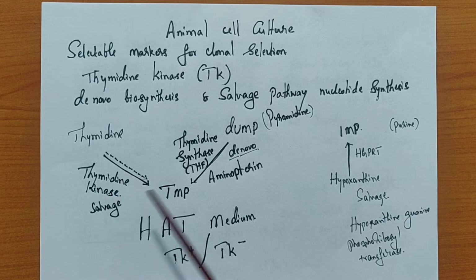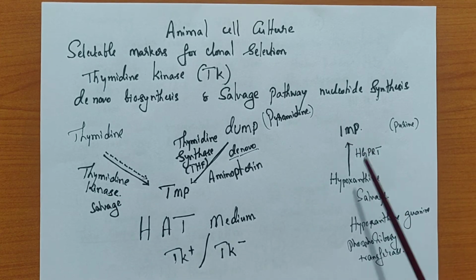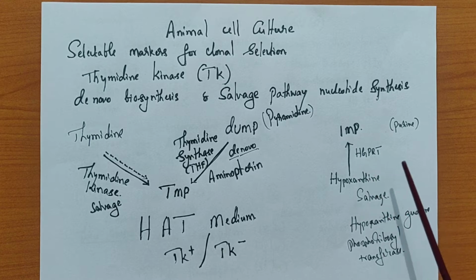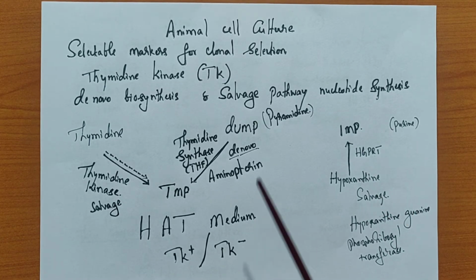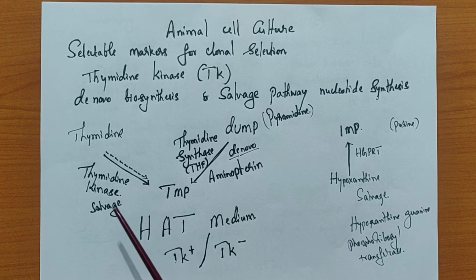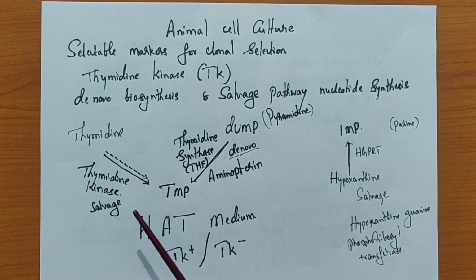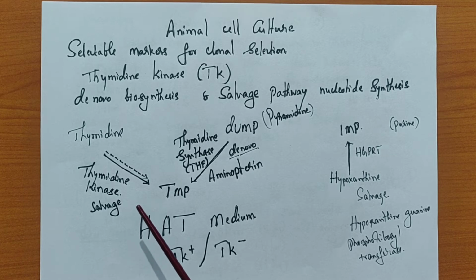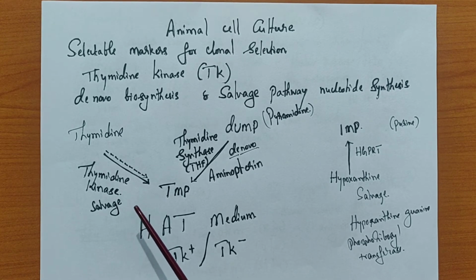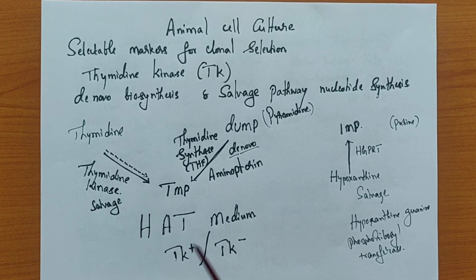In case of IMP, hypoxanthine is converted into IMP using the HGPRT. Now for the clonal selection, the thymidine kinase gene is mutated, it is not functional anymore. So in the absence of thymidine kinase, we are going to have the TK minus strain.